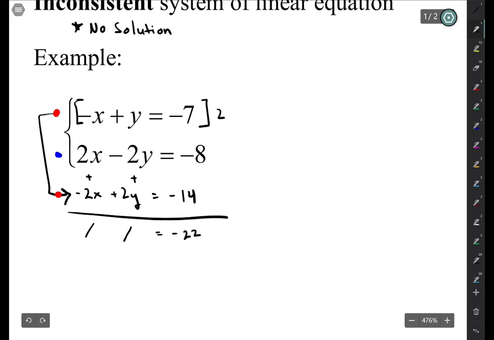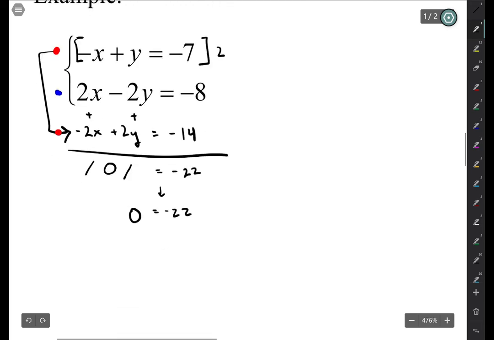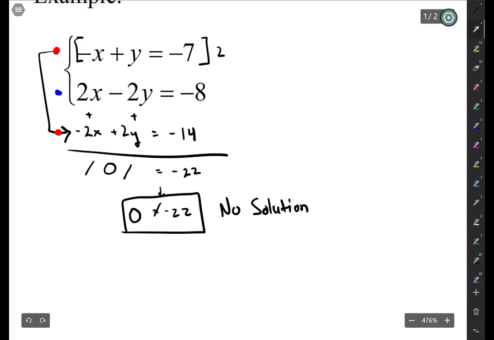Now, really what's here is that 0, nothing, equals negative 22. Well, last time I checked, 0 and negative 22 are not equal. And if you end up with a situation like this, that means there is no solution, and you should classify it as inconsistent.